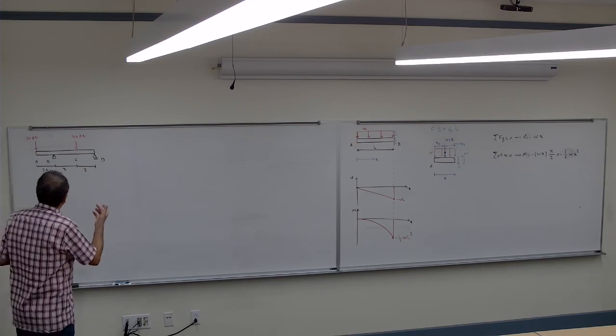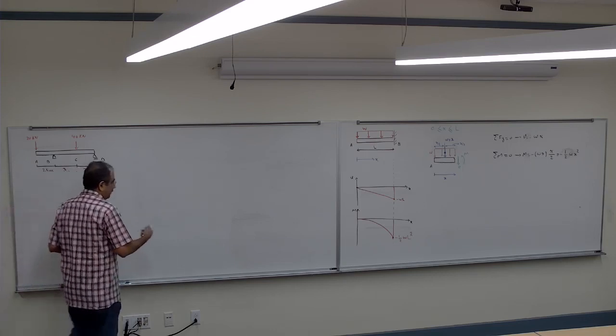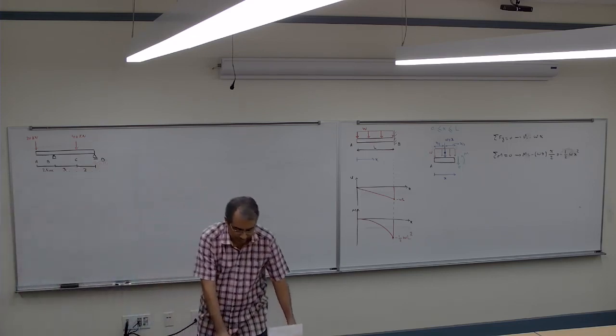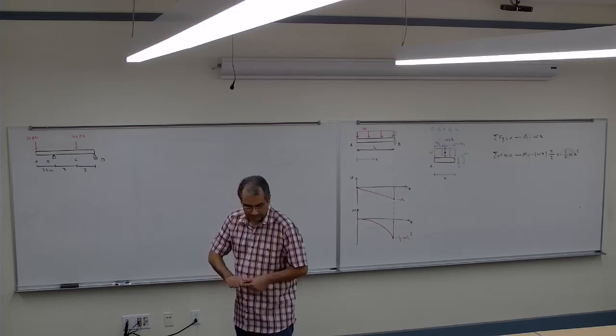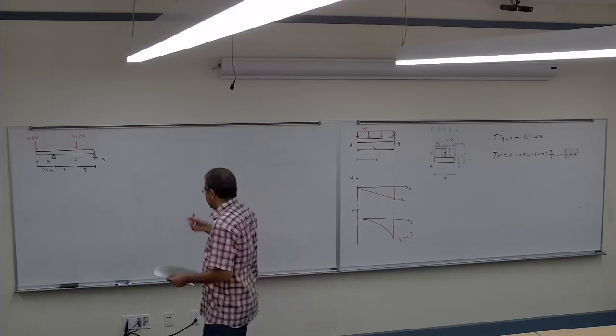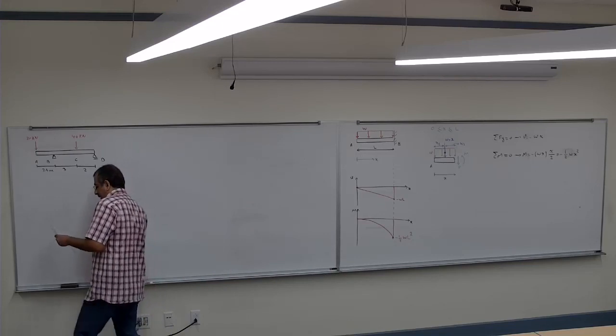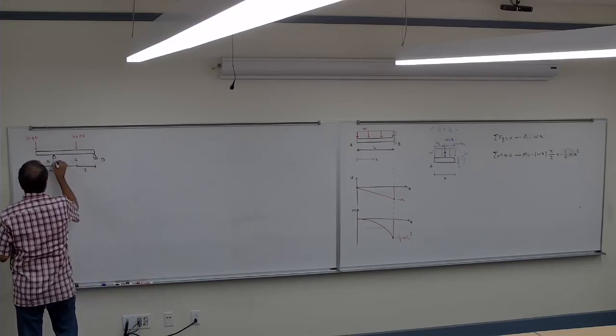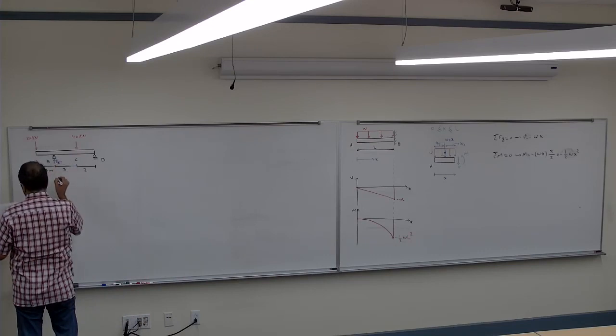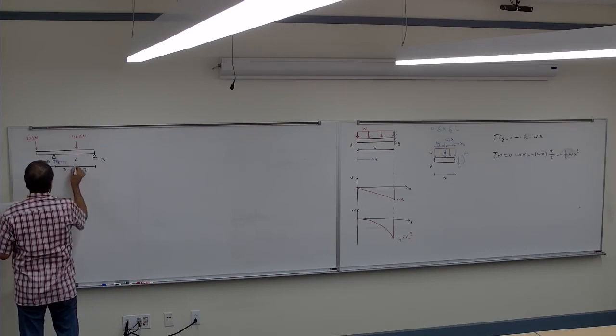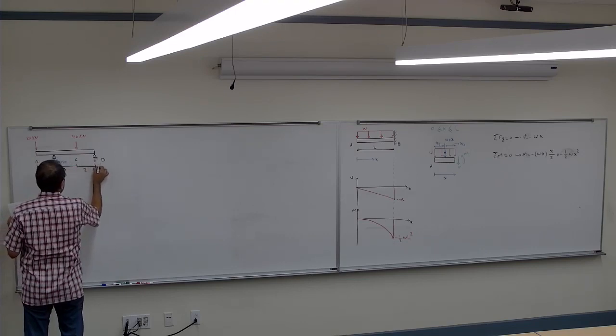So if you want us to analyze that, again, the first step is that we have to go and write it very quickly. We want to get to the next one, but the reaction of the support at B, RB would be 40, and R at D would be 14.